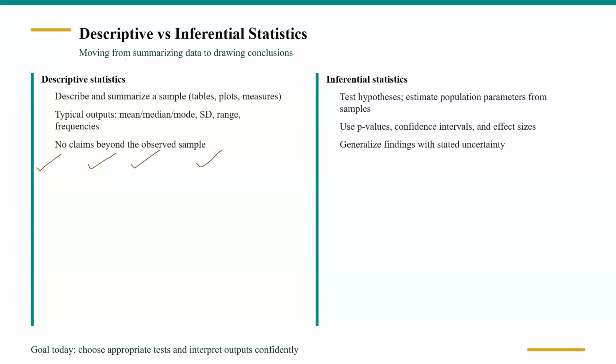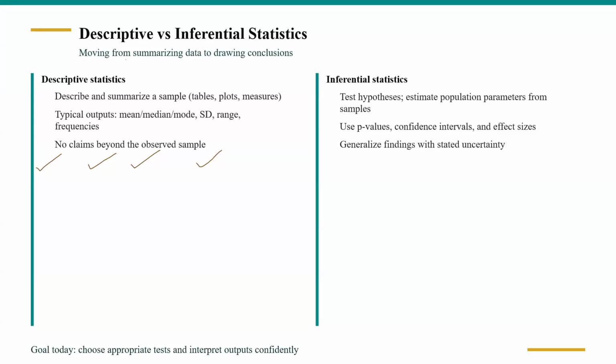Inferential statistics involve testing the hypothesis that we draw based on our descriptive analysis, or estimating population parameters compared to the general population. We use a number of values to compare that, including our significance level of the test, p-values, confidence intervals, and the effect size, which we are going to do in this workshop.